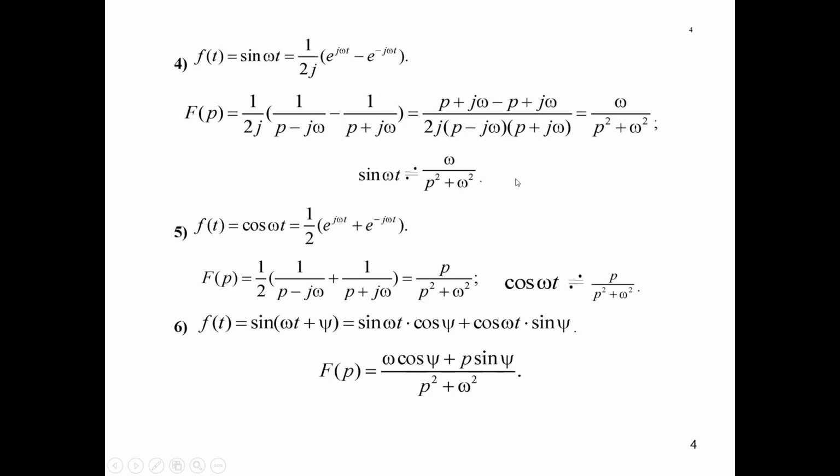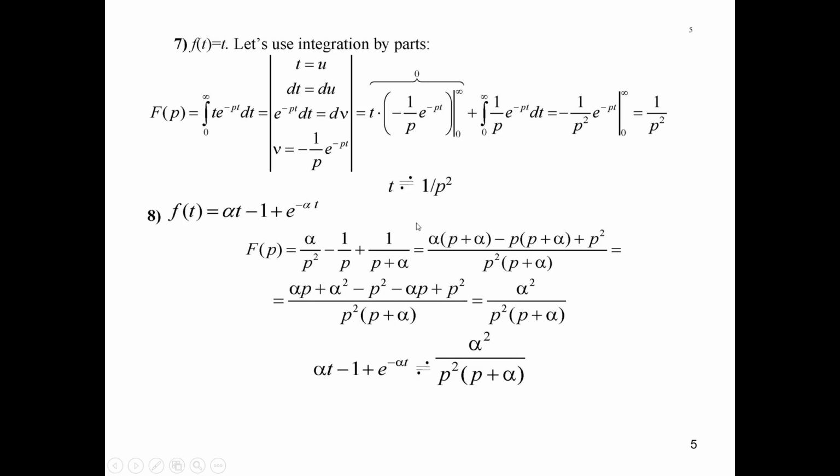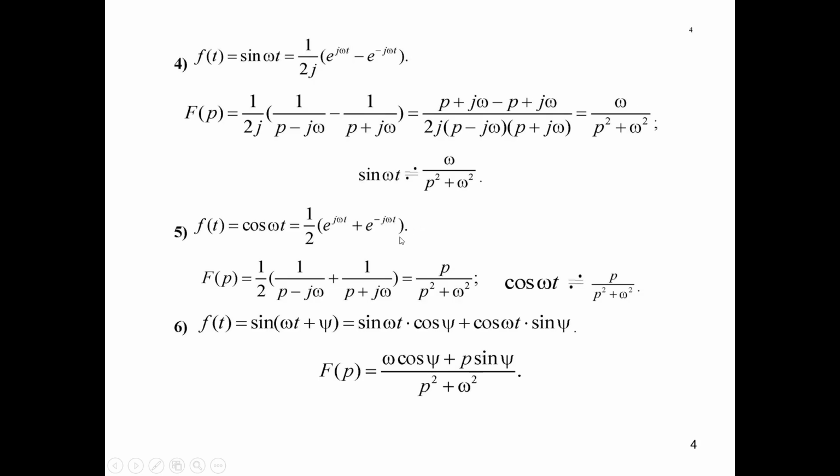The same approach we can use to write down the cosine function. You see, it may be written in such a form. Here also, if we apply Euler's theorem to this expression in brackets, we have cosine omega t plus j sine omega t plus cosine minus j omega t, and plus j sine minus j omega t.